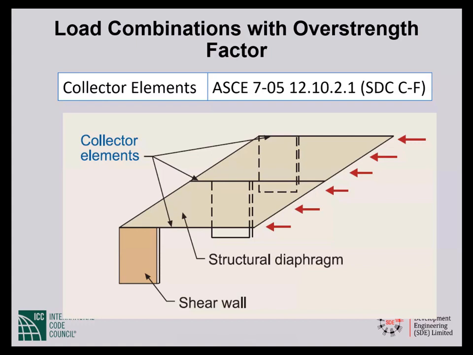Okay, what is a collector element? So this is a diaphragm, a slab bending in its own plane under inertia forces caused by earthquakes. It could be lateral forces due to wind, doesn't make any difference. In-plane bending of the slab is what is connoted by diaphragm action.